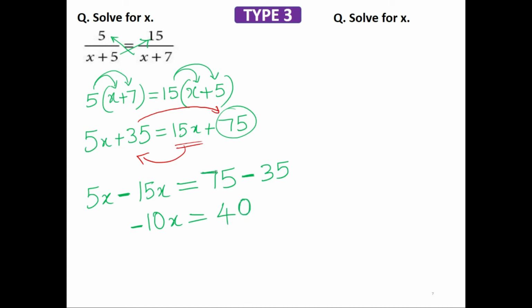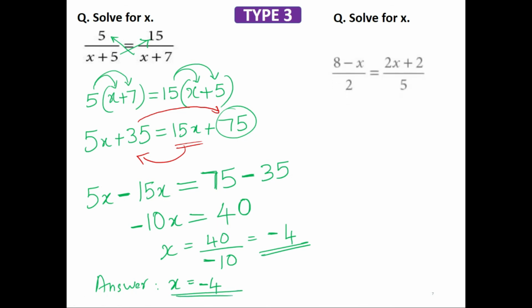And the sign is positive. So my x is going to be 40 divided by negative 10, giving me a negative 4. So my answer is going to be x equals negative 4.